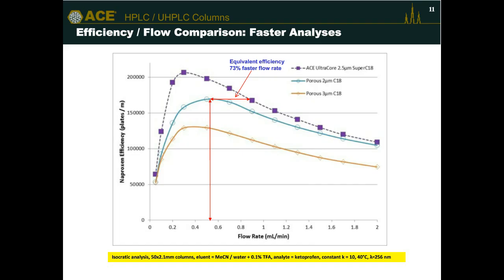You can get 73% faster runtime if you move to the solid core phase for the same efficiency. So you can speed things up by having the same efficiency but using a faster flow rate. The back pressure is higher, but it's not as high, for example, as if you were to try and go that fast with a sub-2 micron particle.